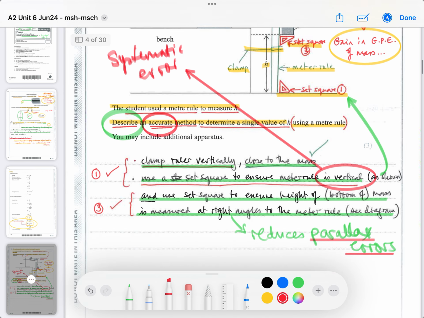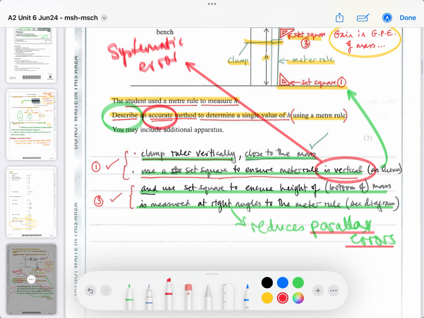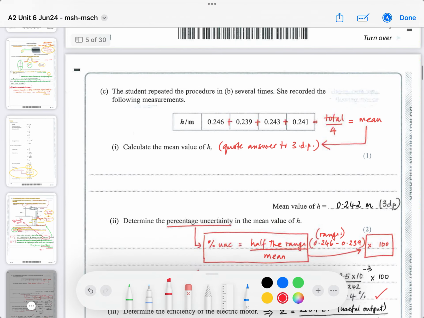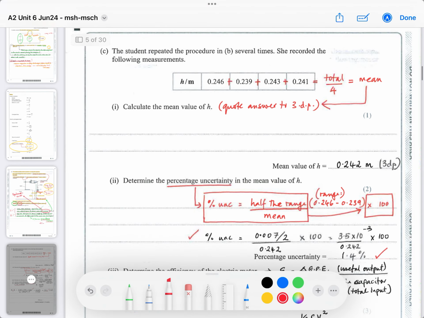These are random errors that could go either plus or minus by misreading it if you're not at eye level. It's why line judges in tennis sit at the line, perpendicular to it, so they can see the bounce of the ball properly. So you need to know the difference between random and systematic errors.